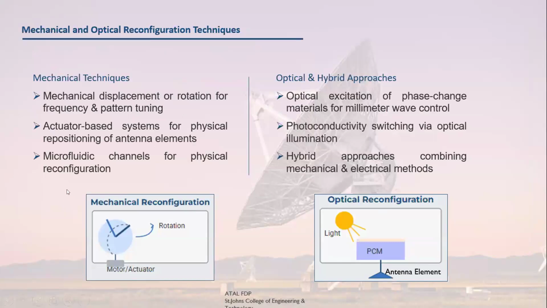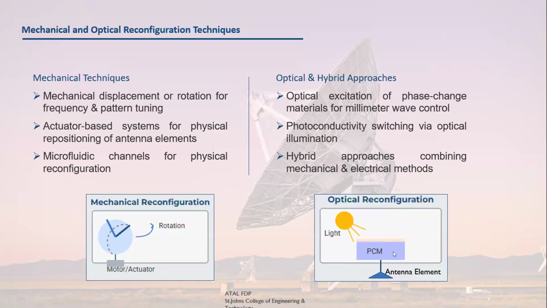Now look at this. How do we change the pattern mechanically? Yes, mechanical. This is a structure. This is a motor I use. I rotate it. When I rotate it, the direction of the radiation pattern can be changed. Of course, this is a mechanical way out.